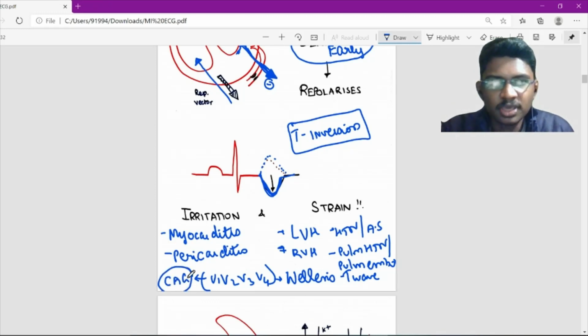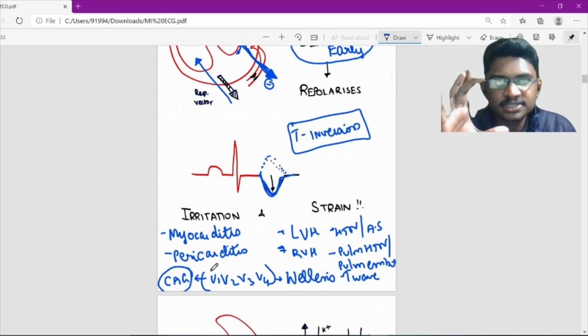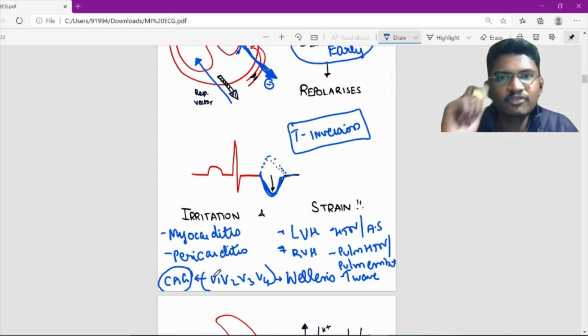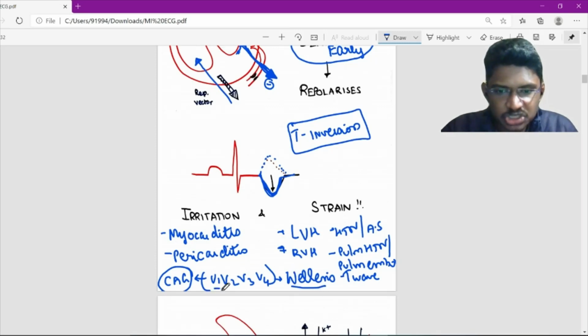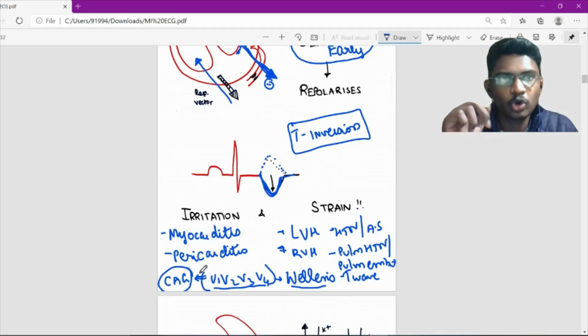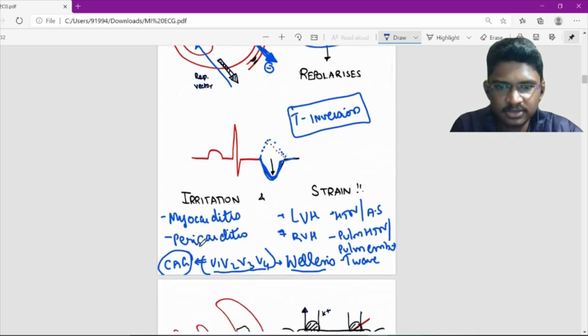It means there is a big blockage, a big obstruction in the main trunk of the left coronary artery. Before it bifurcates into two, in the main trunk itself, if there is a blood clot or atheromatous plug blocking the vessel, then it manifests as deep symmetrical T wave inversions in the chest leads. So that is Wellens' T wave. Instantly you should be advised to go for coronary angiography, and if there is a blockage, you can do the necessary intervention, which we will be discussing in subsequent videos.